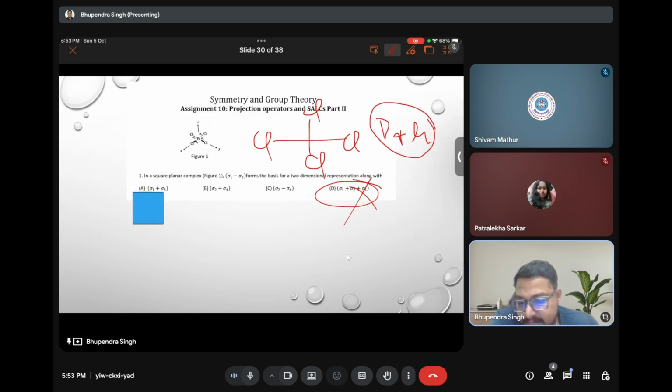So this time, if you look closely, the bases are not bonds. I mean, not a single bond, not atomic orbitals.